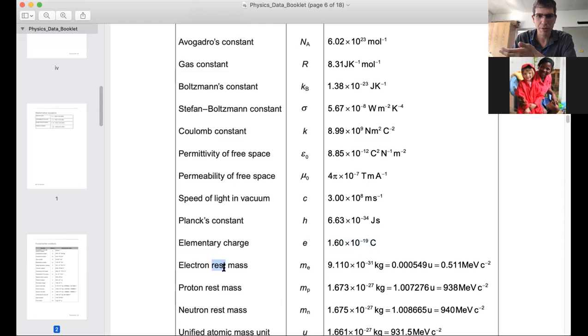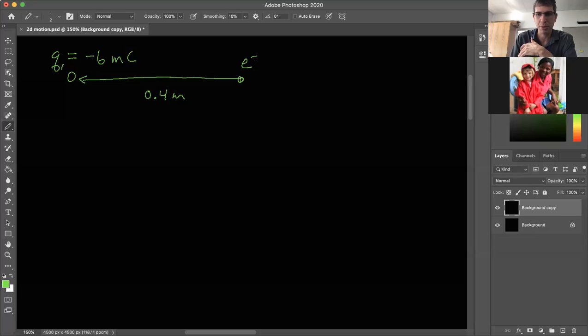When we do relativity, you'll see that as an object approaches the speed of light, its mass actually increases. So they consider this an electron at rest, quote unquote. Electrons are never at rest, but this just helps us understand some basic mass terms.